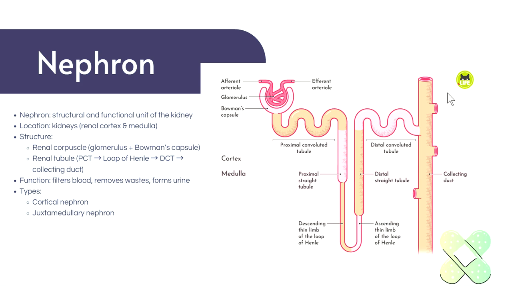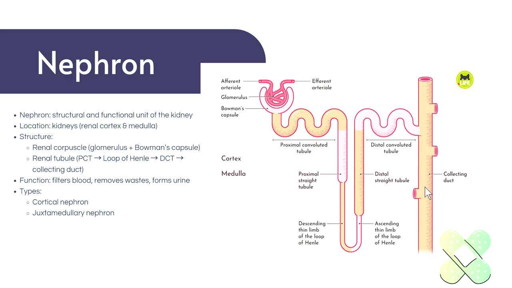Now, probably you're thinking, okay, but why do I have to know the parts of the nephron? This is a question which we have to understand before we go to diuretics. Why? Because diuretics as medications are actually acting on the nephron itself.